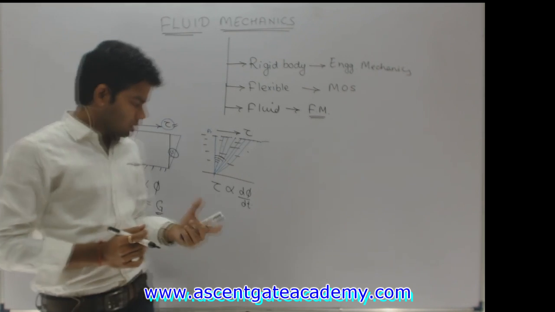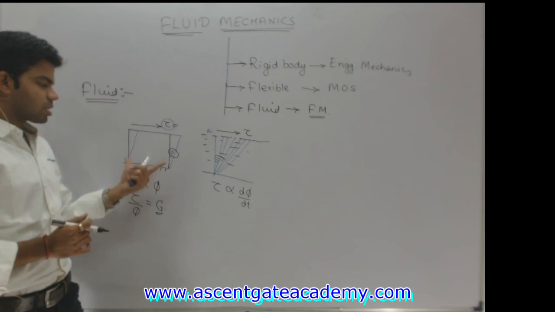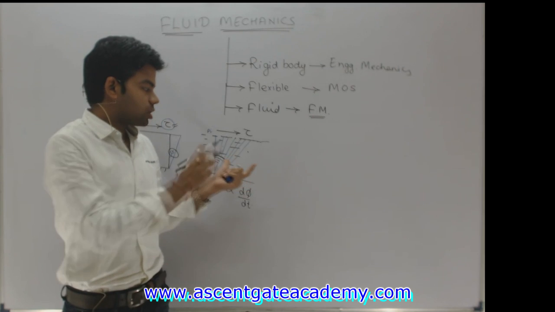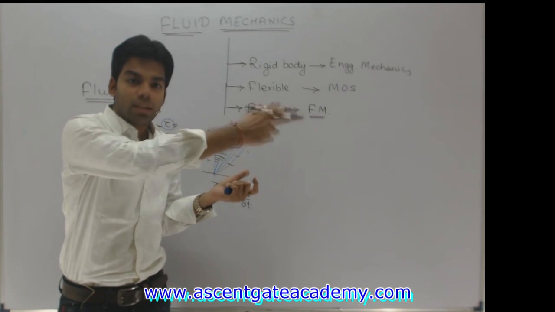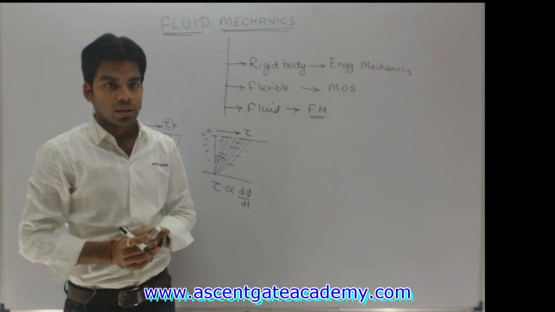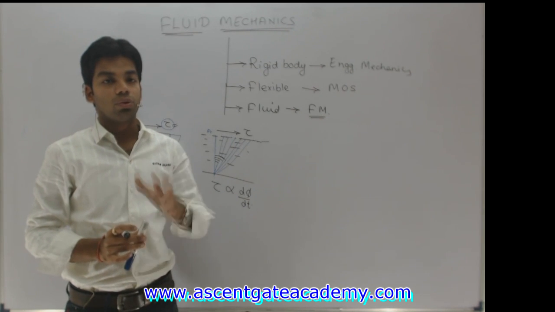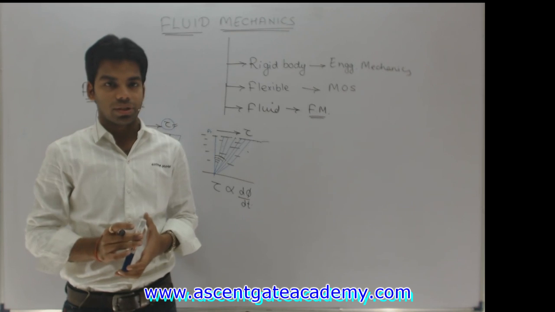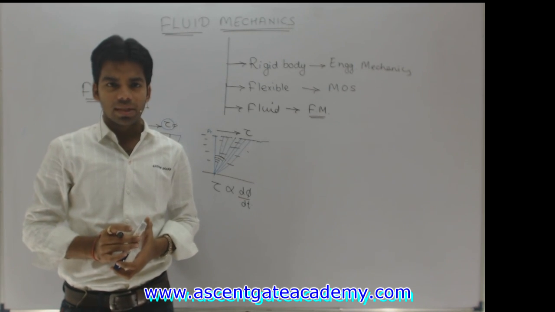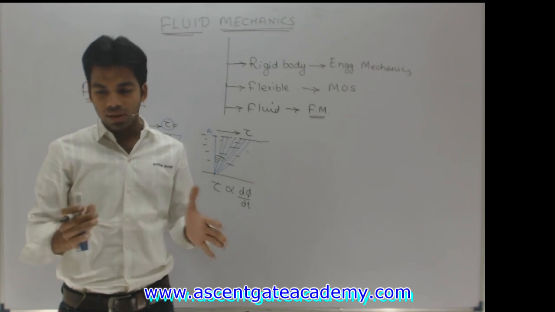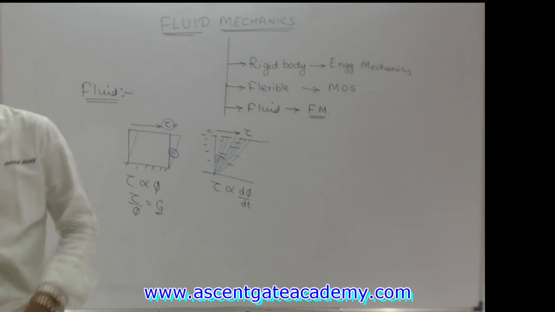In solid, the shear strain was fixed, that means shear stress was proportional to shear strain. In fluid, shear strain is continuously changing with respect to time. Thus, in fluid, the shear stress is directly proportional to the rate of shear strain, not just the shear strain.